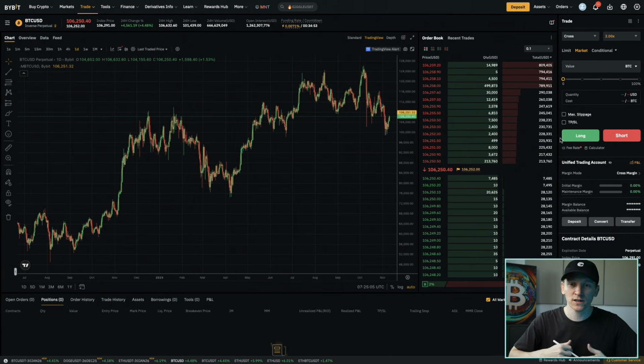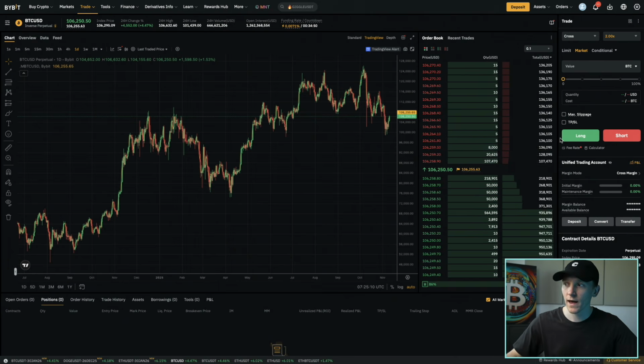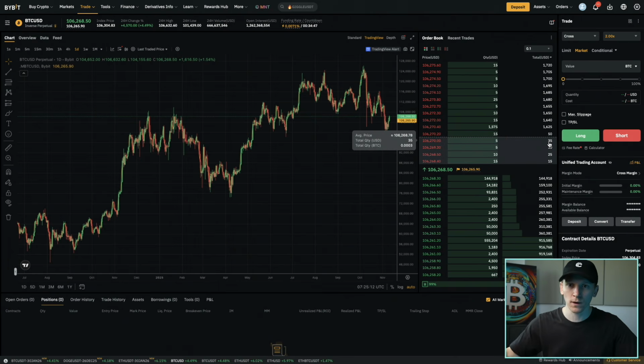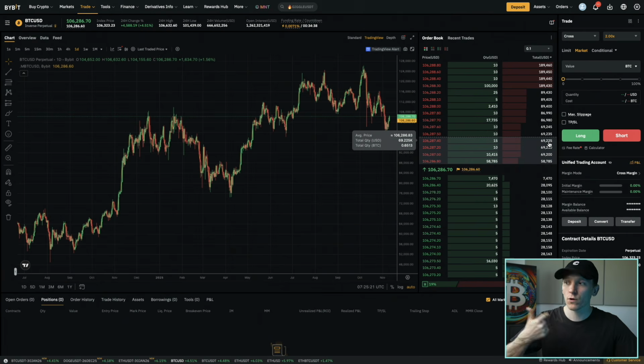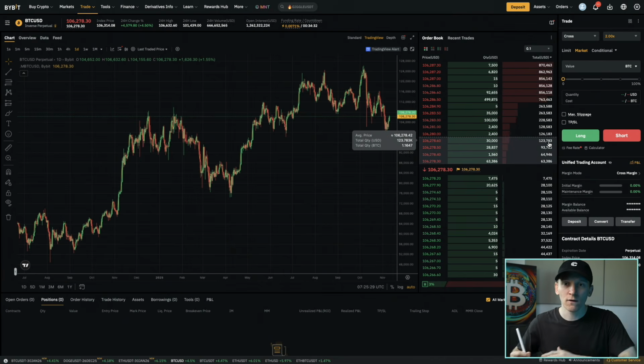With inverse, we are actually using the underlying asset to fund our trades. So let's say I'm trading inverse and I have Bitcoin in my account and I'm long Bitcoin and the price goes up. Well, not only is my collateral going up in value versus dollars, so I've got the asset there going up in value, but I've also got the trade winning, and so I get the profits in Bitcoin as well, which means that I'm going to be making more money on that trade for the same size versus if I was using cash to fund the trade, because that cash doesn't move in value, right?